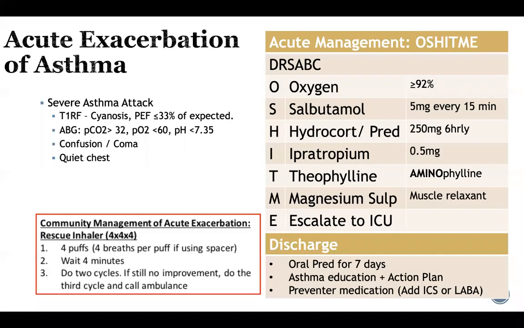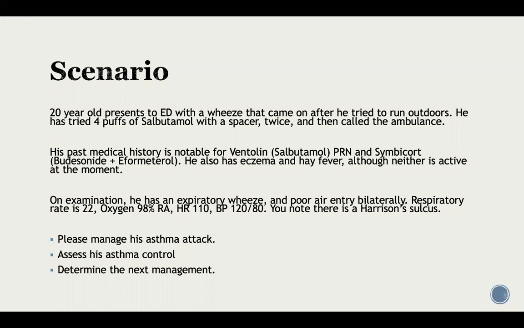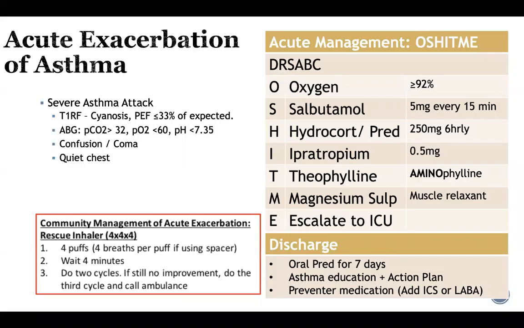What you want to know is, have you guys heard of this mnemonic before? Like, oh shit me? Yeah. So when you see someone has a very clear asthma type presentation and is on asthma medication and has atopy, you pretty much know it's going to be an asthma attack. So what you want to know is, firstly, you resuscitate the patient before you take their history.